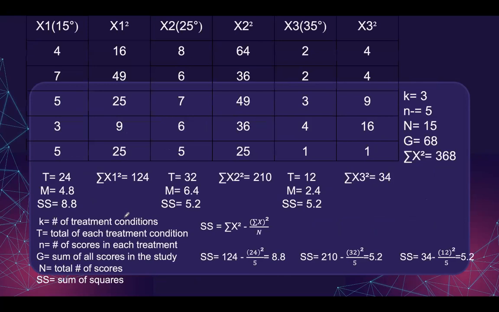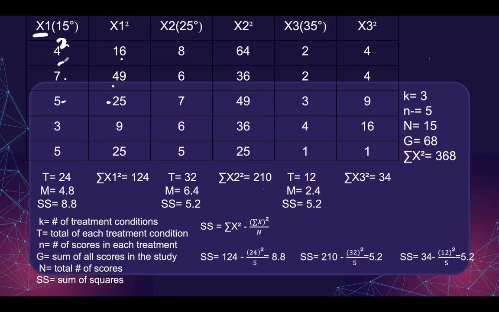Now, class, in computing the ANOVA or the F ratio, sa unang variable kailangan i-square. Kailangan nating makuha yung sum of squares. So 4 times 4 is equal to 16, 7 times 7 equals 49, 5 times 5 is equal to 25.